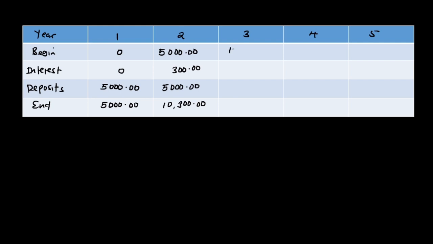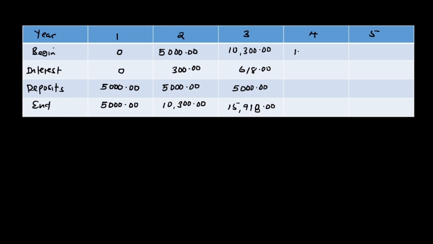In year 3, you're going to have 10,300 in your account. The 6% interest, that will be 618. That 6% is now of the 10,300. Then you deposit your 5,000. At the end of the year, you're going to have 15,918.